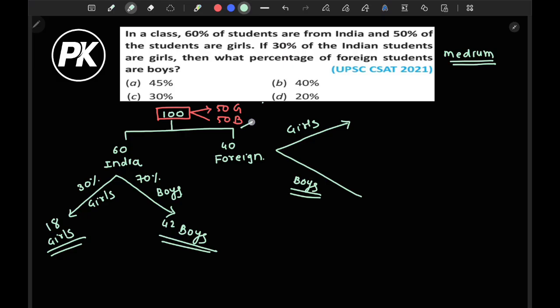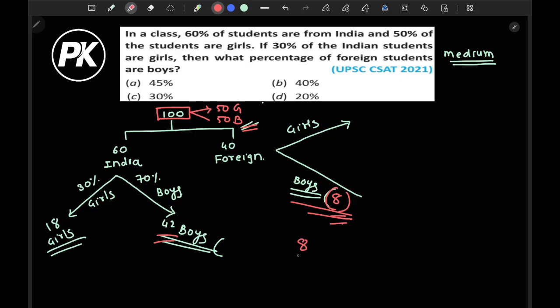We know the total number of boys is 50, out of which 42 are from India. Then the remaining 8 boys are from foreign. Girls, no need to calculate because the question is asked for the boys.